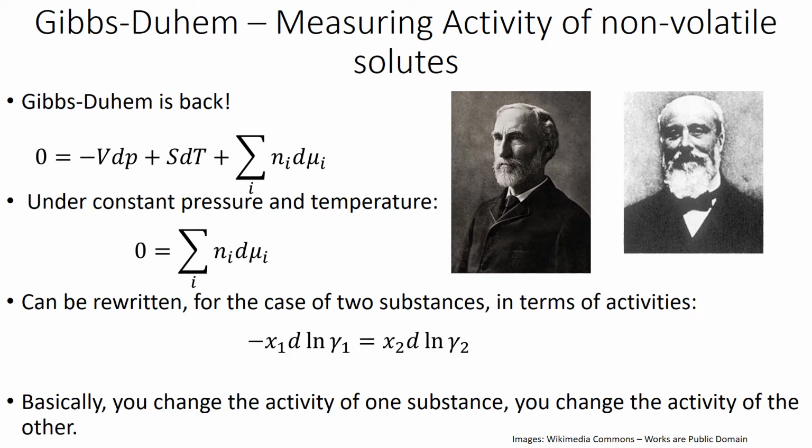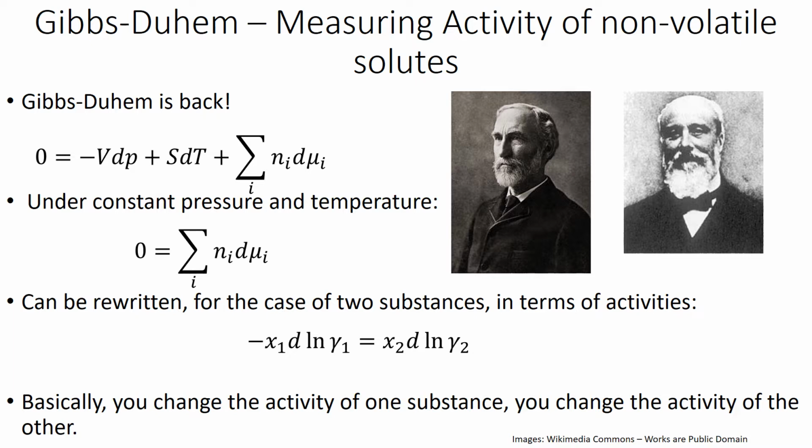There you go, the dynamic duo. And to remind you, here is the first equation, our Gibbs-Duhem result. And we are going to go to constant pressure and temperature conditions, which means that 0 is equal to the sum of all moles times the changes in the chemical potential.